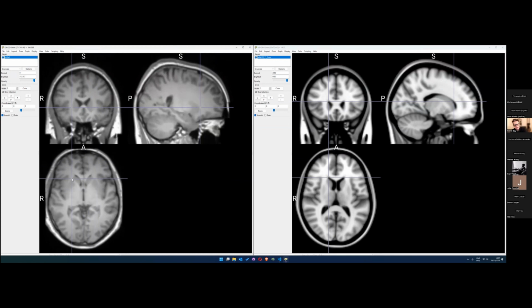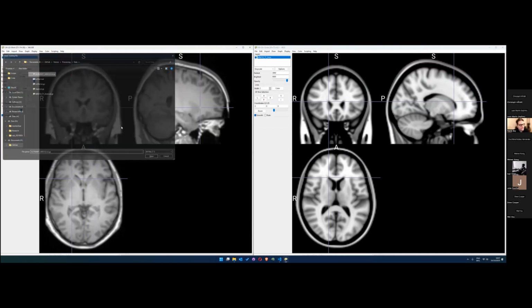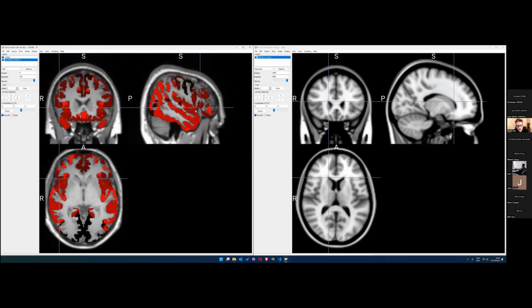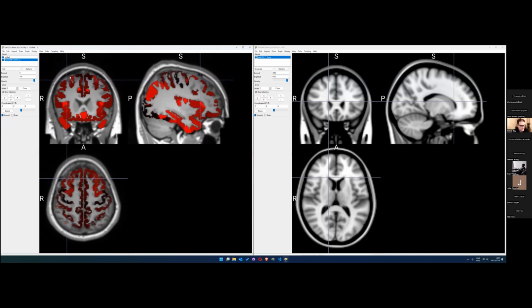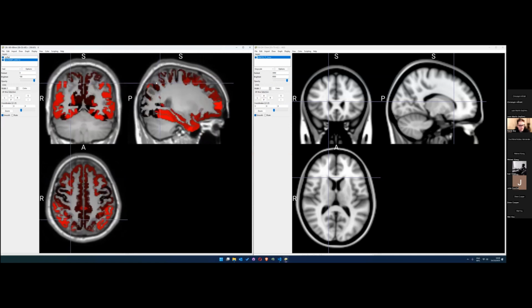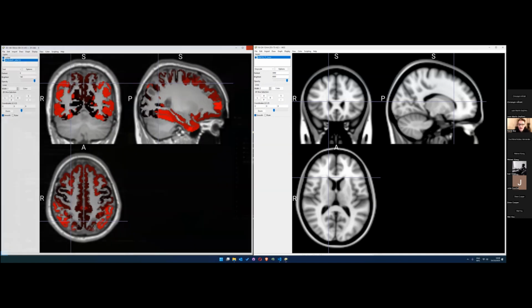And if we now overlap the atlas to it, we can see it's actually aligning with our brain as opposed to before. We see here, for example, these areas where there's not a lot of good alignment, or we have these actual holes in the parcellation, etc. This is why I mentioned that these days, this is not normally the approach anymore, but it was classically used to just get some idea about these regions in my individual brain.